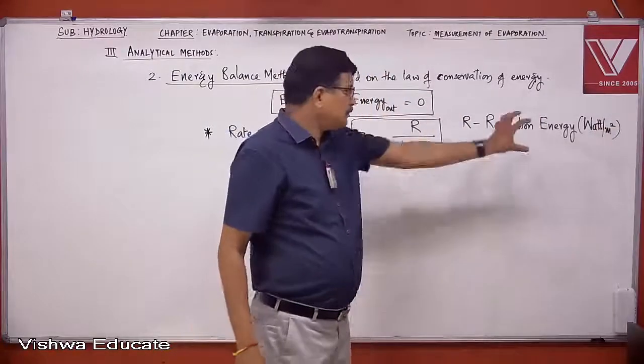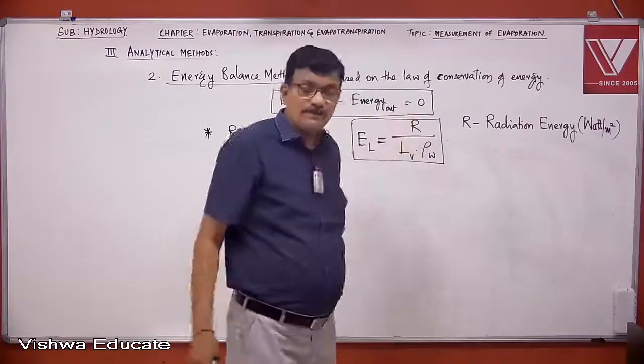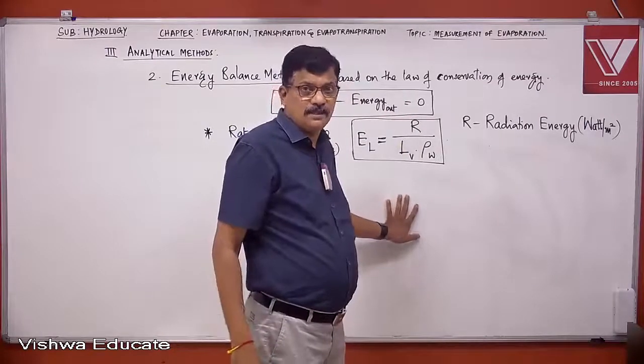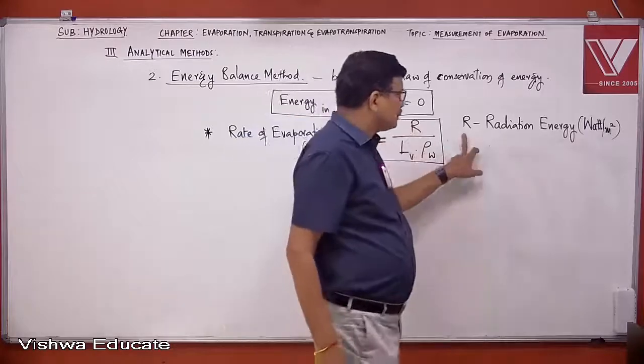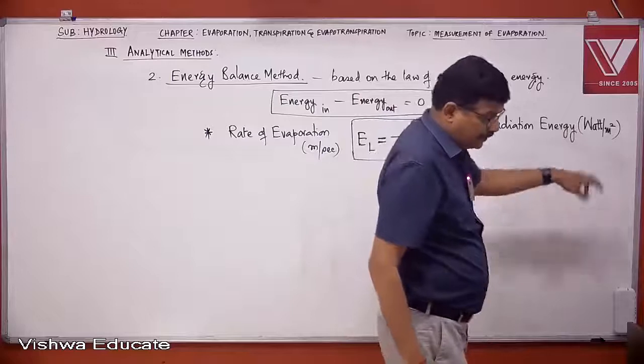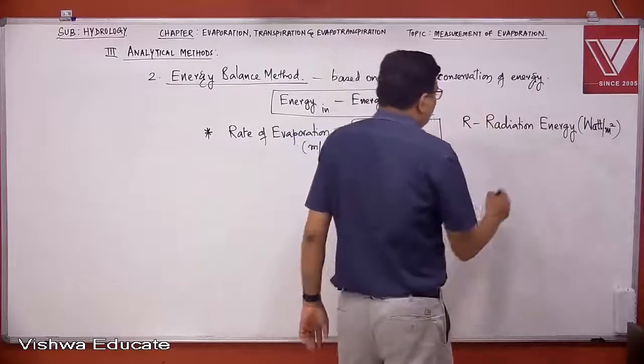That is the unit that you have to specifically follow if you want to use this formula. This formula is unit dependent. Here, R stands for the energy of the sun, the radiation energy in watt per meter square.